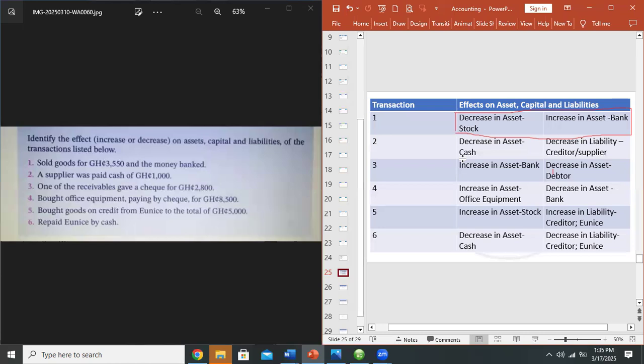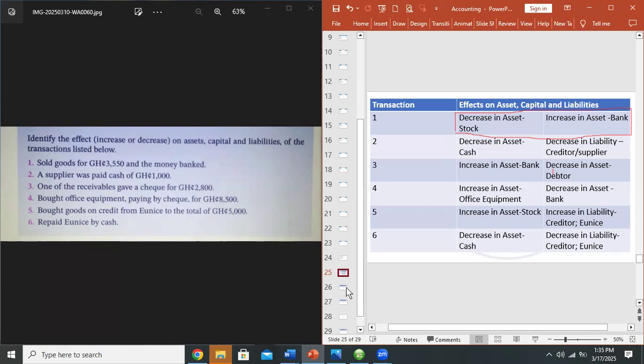Please, a debit. Debit. Thank you. Thank you very much. When assets increase, we debit. So I want you to remember that principle. Remember it. When assets increase, we debit. When they decrease, we credit. When liabilities increase, we credit. When they decrease, we debit.